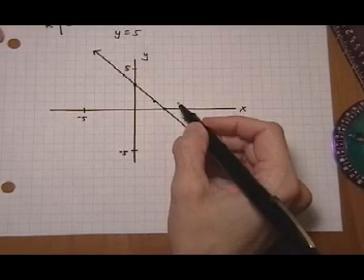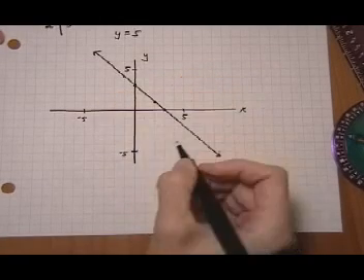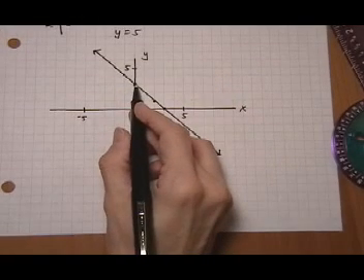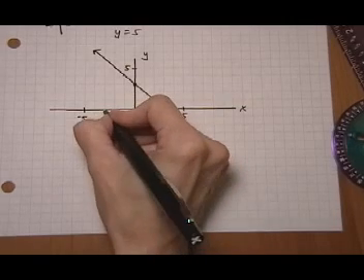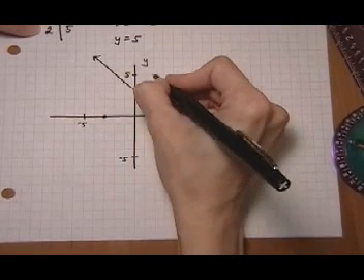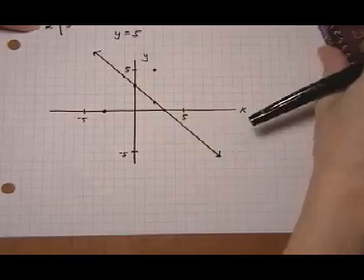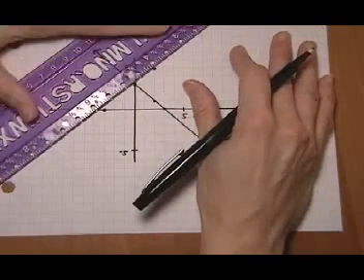Second line, first point, 0, 3. Oh, look at that. It happens to fall right on the other line, so I have a funny feeling that's our intersect. Minus 3, 0. 1, 2, 3. And 2, 5. 1, 2, 3, 4, 5. And our 3 points lined up, which means we got our line correctly.